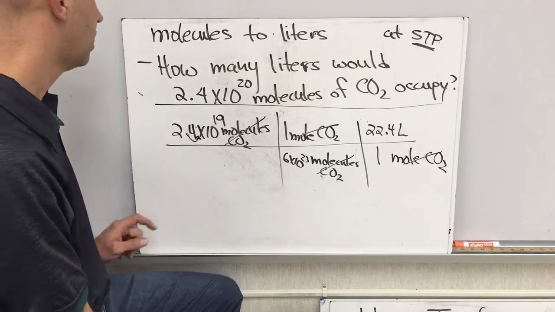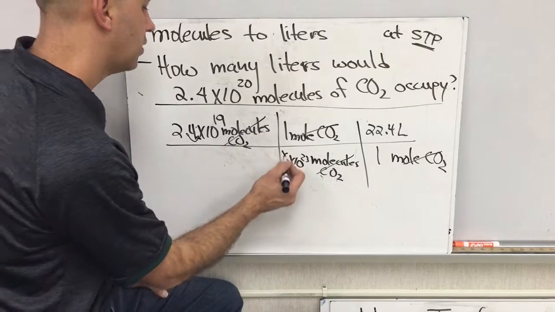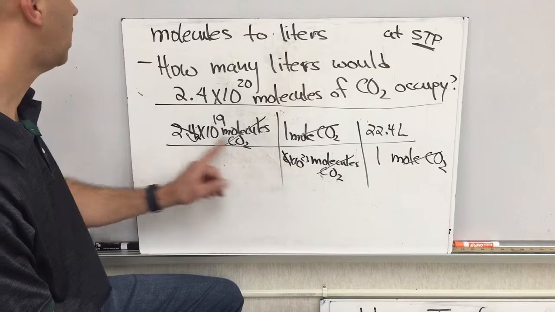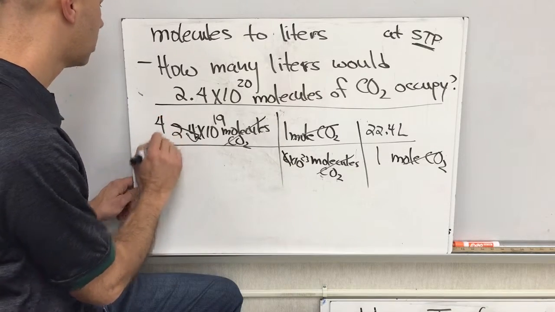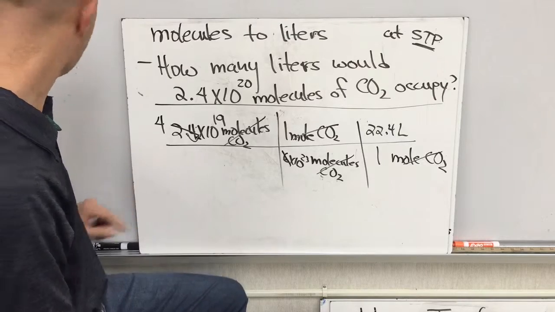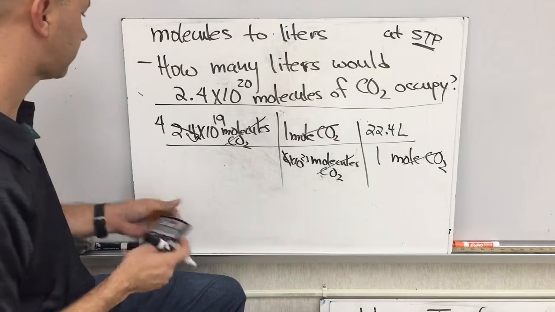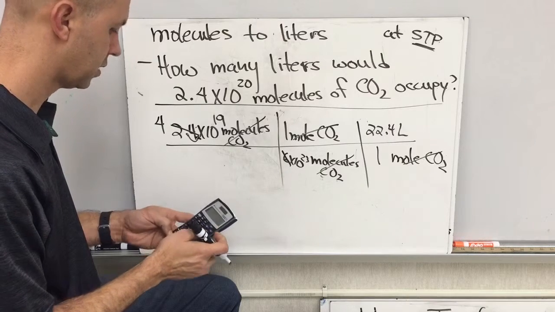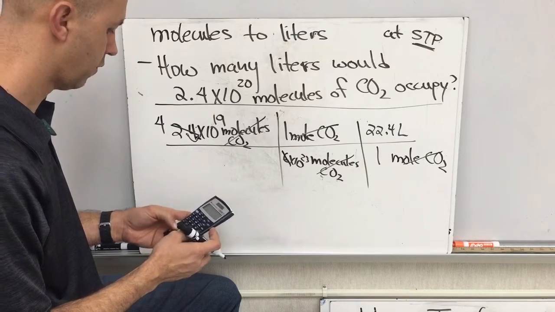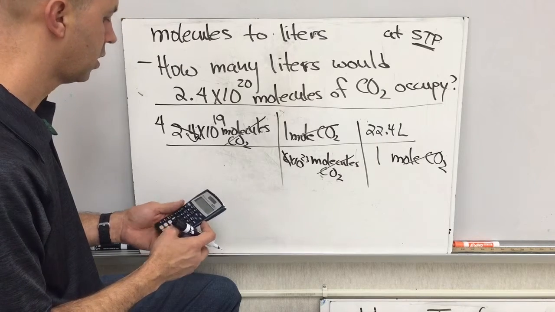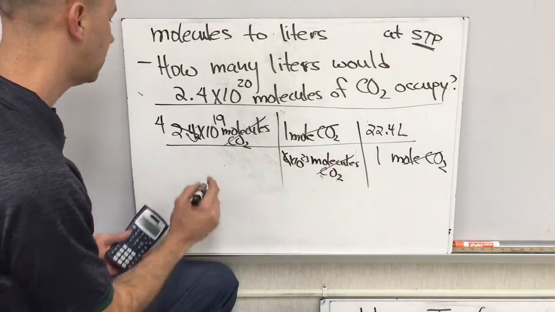Okay, so now I'm going to take 6 and 24, and what I'll get is 4. And now I'm going to take 4 times 22.4. Okay, and I'm going to get an 89.6.